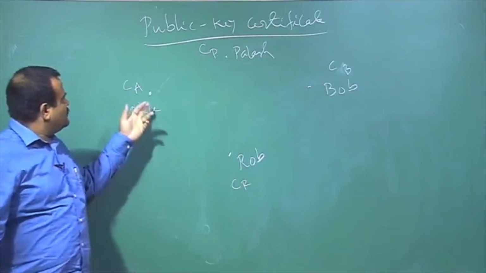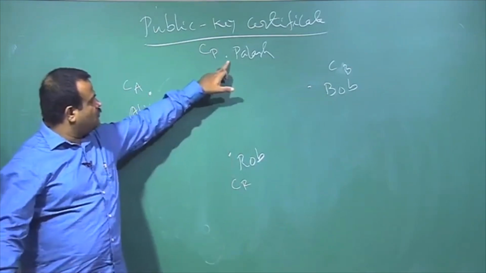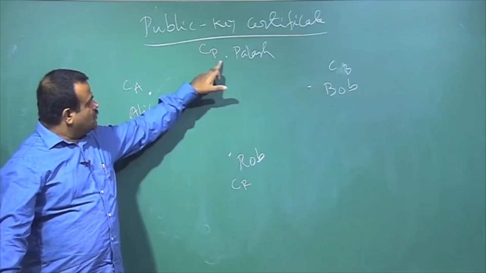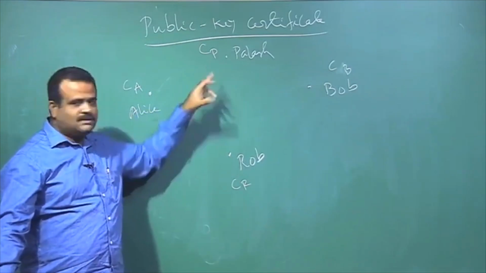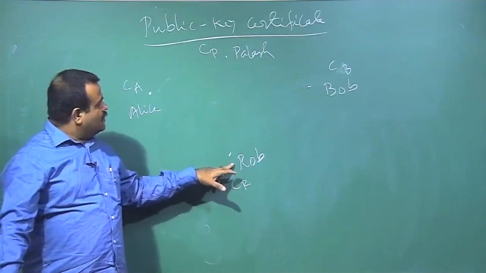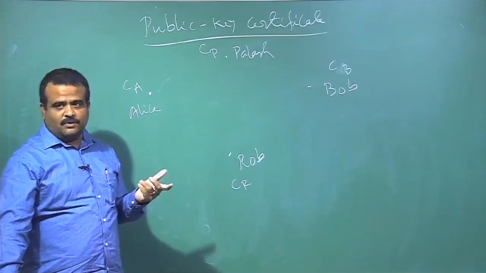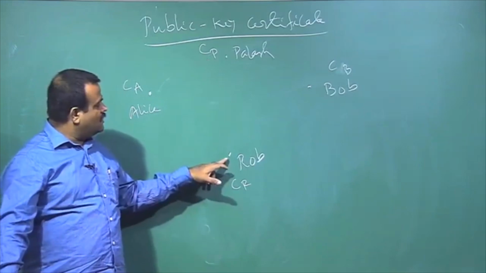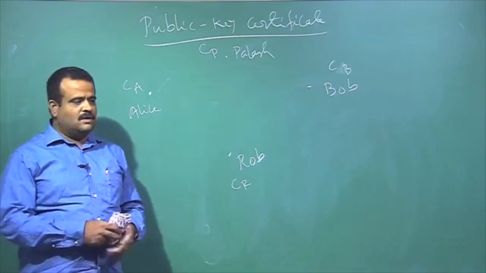Now if Rob wants to communicate with Palash, Palash has to provide the certificate to Rob, and Rob will check whether this is Palash's certificate by checking the time and ID, and then Rob will get Palash's public key, encrypt the message using it and send it to Palash.